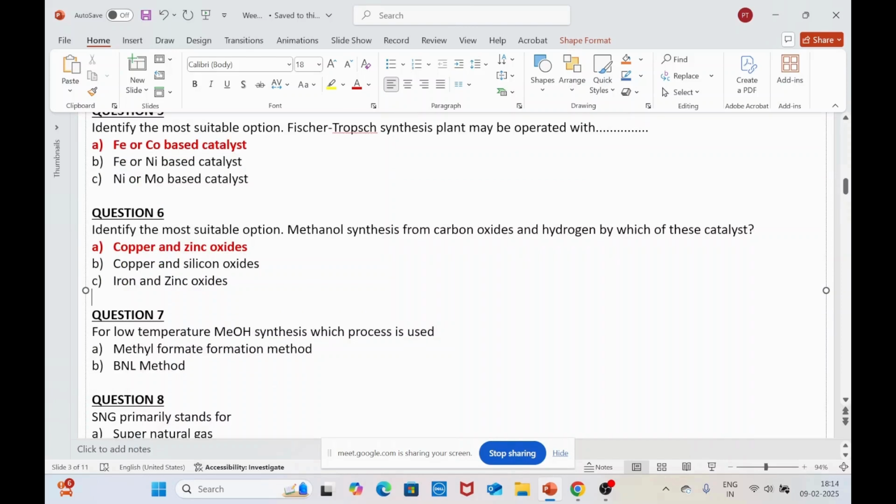Question number 7. For low temperature methanol synthesis, which process is used? A. Methyl formate formation method. B. BNL method. So option B. Any other answers?